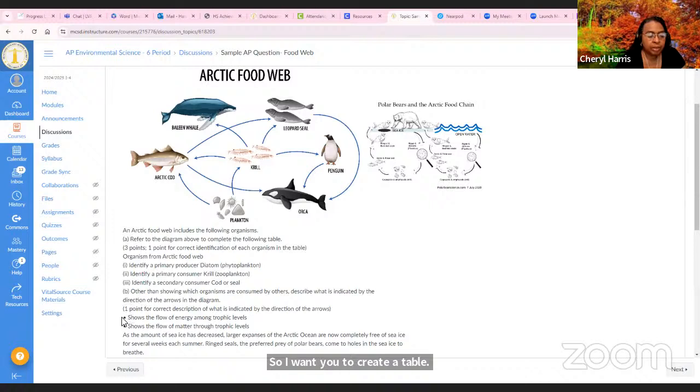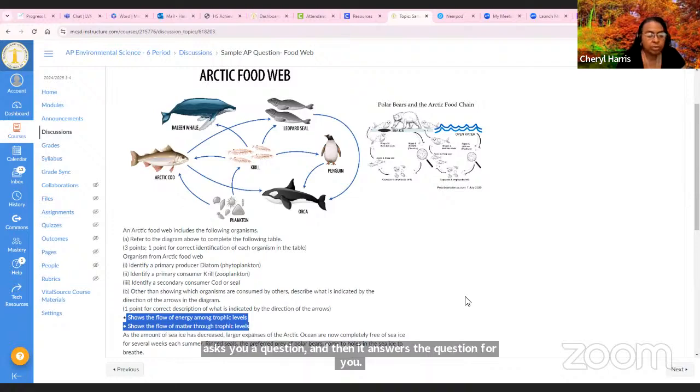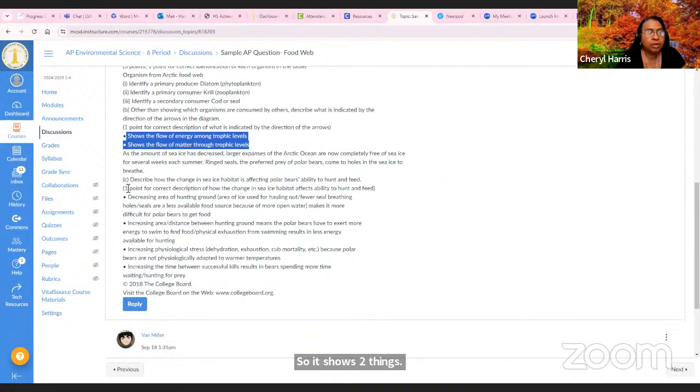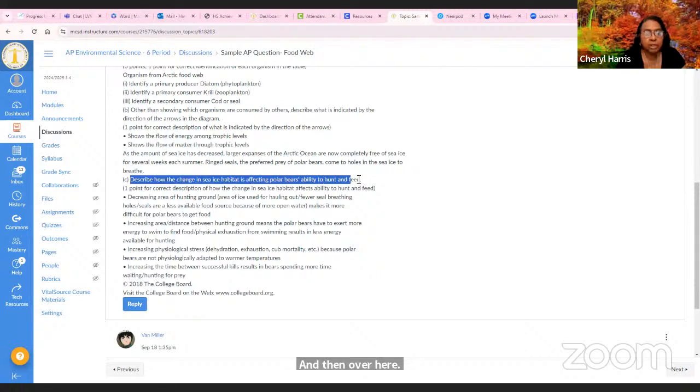Second part, the arrows, it asks you a question and then it answers the question for you. So it shows two things. And then over here, it asks you to describe what the changes are, it's giving you the answers to that.